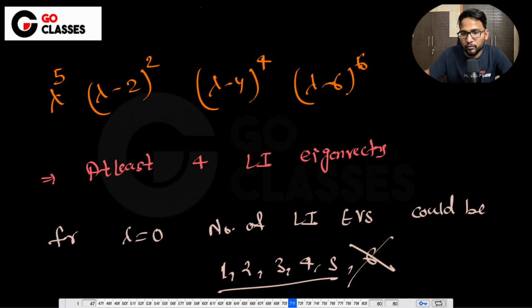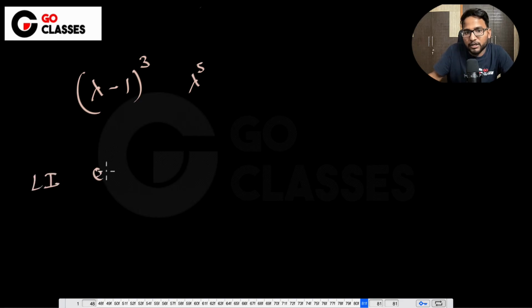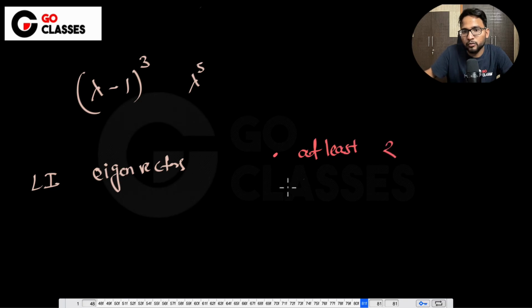Let me just do more questions. Probably by that you will be more convinced. Suppose if I just ask you (lambda minus 1) power 3 lambda power 5, in this how many linearly independent eigenvectors you will be having? And if I just give you the options: at least 2, at least 8, at most 2, at most 8.